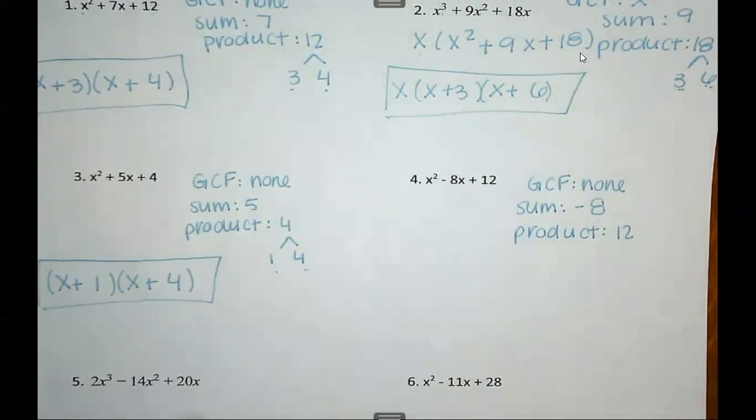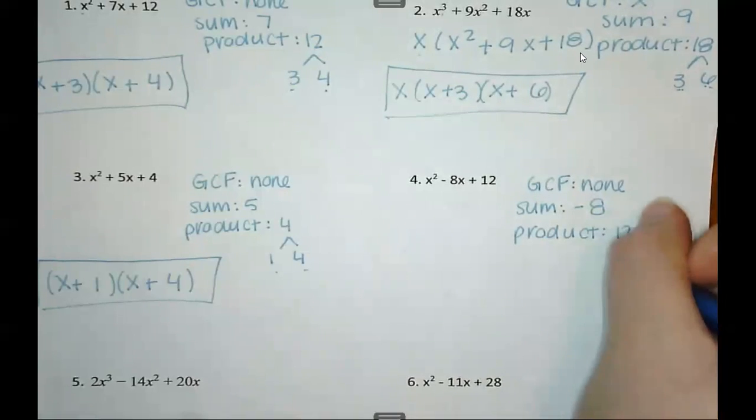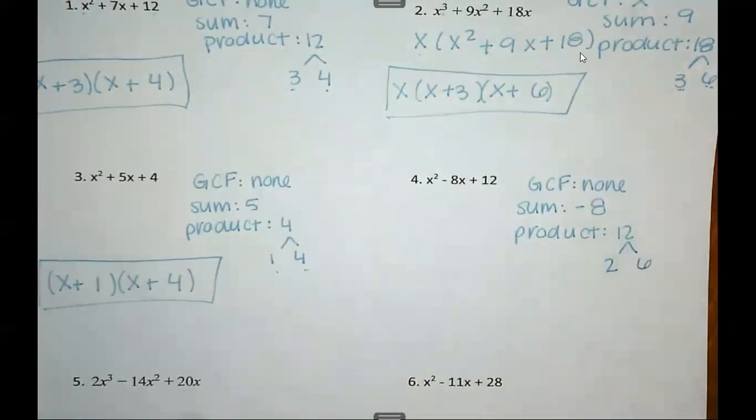So for 12, last time we used 3 and 4, but 3 and 4 will not add to give me -8. So maybe I use 2 and 6. All right, positive 2 times positive 6 will give me 12, but they don't add to give me a negative 8.